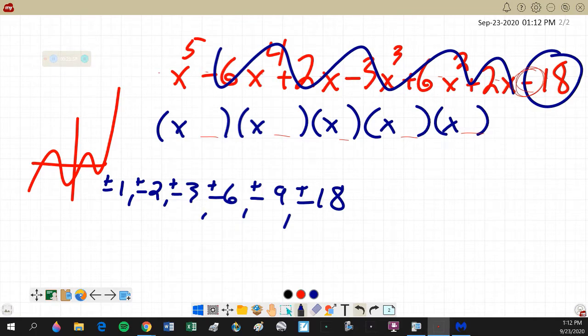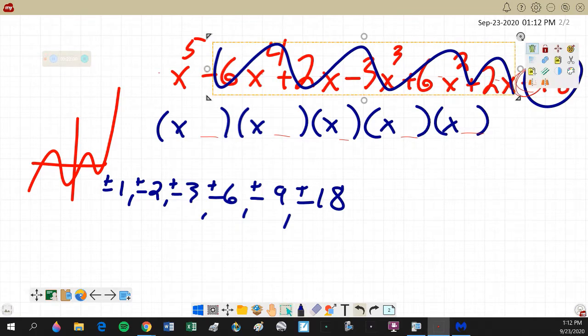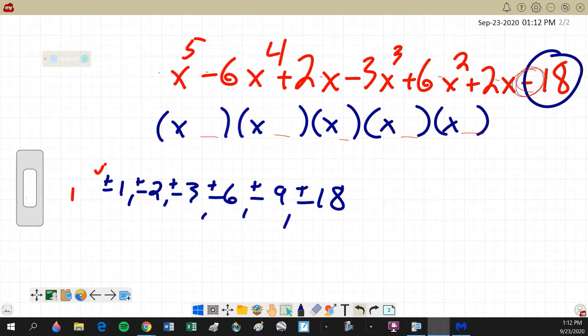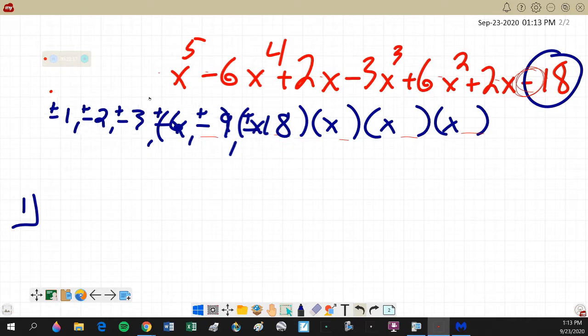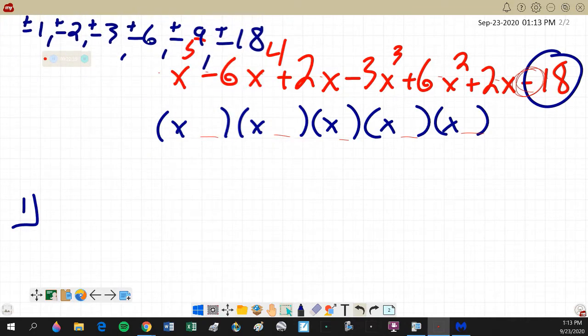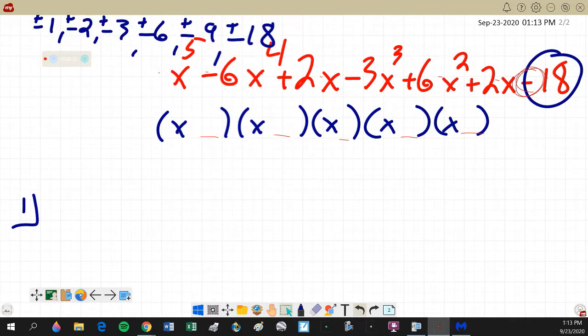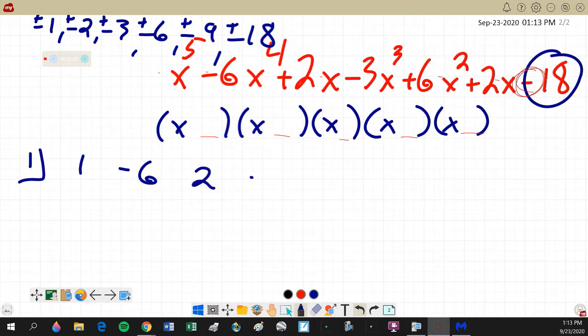So, to do our guess, we use synthetic division. Okay? So, I put 1 in the box, and then I write down the coefficients. So those are the possible answers. Okay. So 1, -6, 2, -3, 6, 2, and -18.